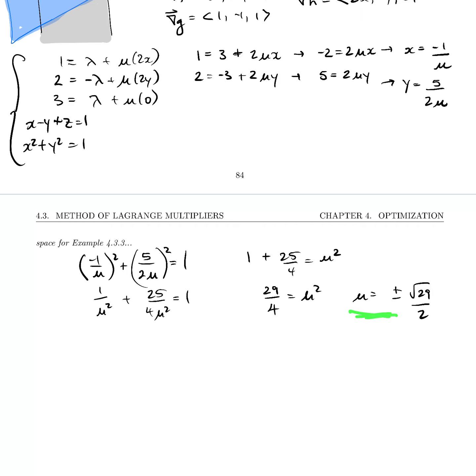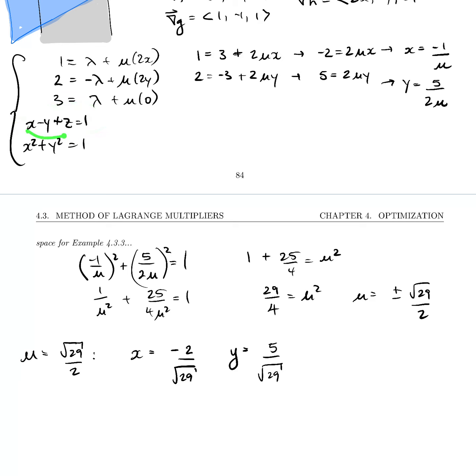Taking those mu values and putting them back into x and y, let's deal with them one at a time. If mu is the root of 29 over 2, then we get x is minus the reciprocal of that, so minus 2 over the root of 29. y is going to be 5 over 2 mu, so we're going to get 5 over the square root of 29. And z we can solve for using our remaining equation.